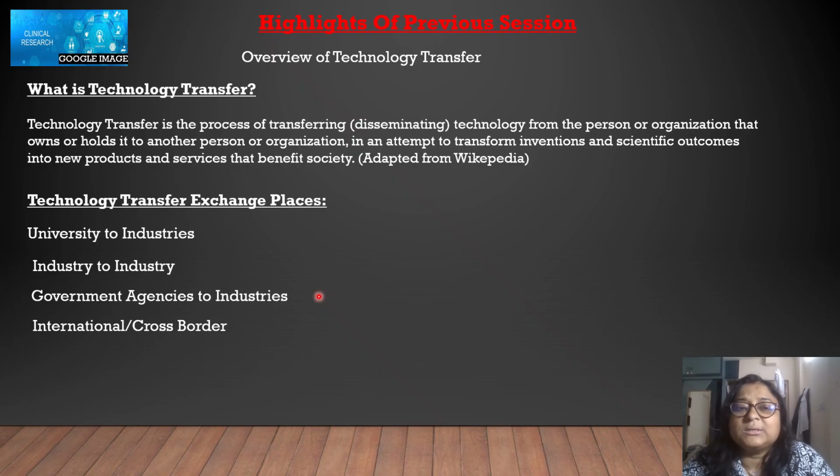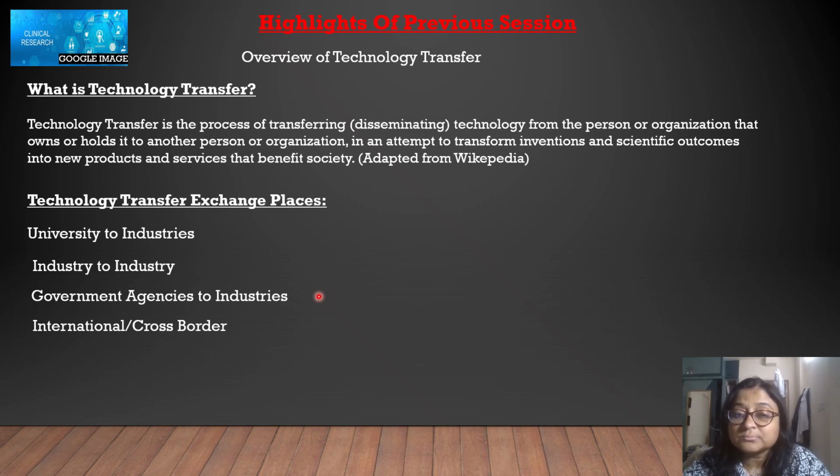So this is technology transfer in general terms: the transfer of knowledge. Technology transfer is the process of transferring or disseminating technology from the person or organization that owns or holds it to another person or organization, in an attempt to transfer inventions and scientific outcomes into new products and services that benefit society.